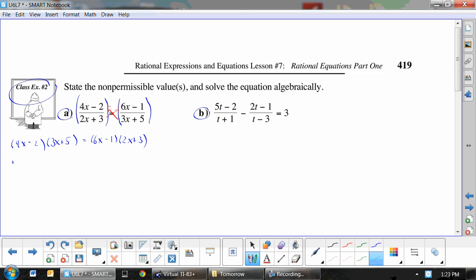Okay, so when we FOIL it, we get 12x squared plus 20x minus 6x minus 10. And we get 12x squared plus 18x minus 2x minus 3. Yes.